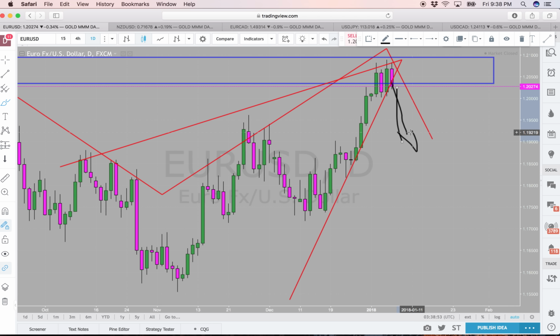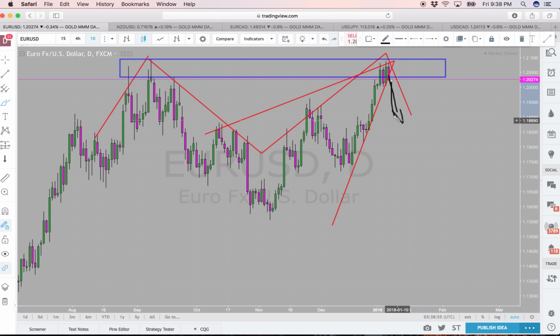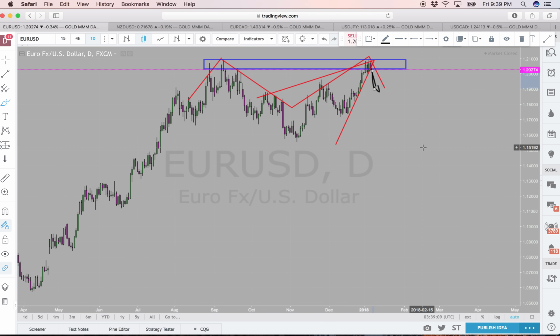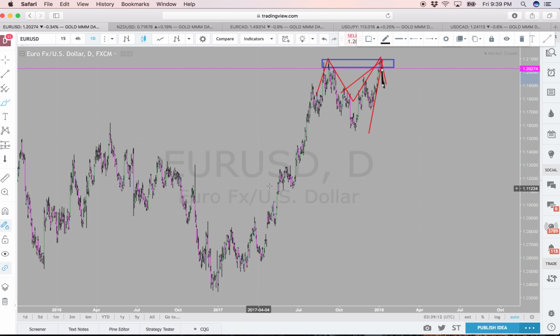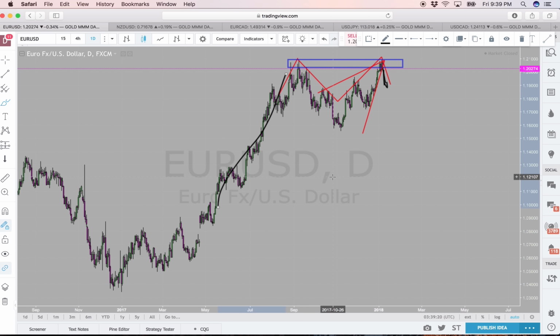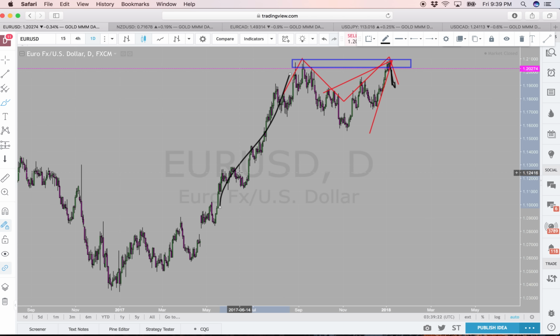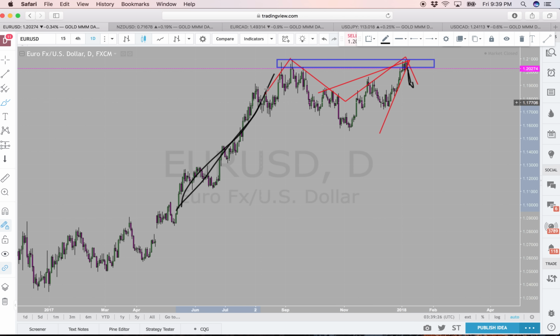1.195, we should have a confirmation that the Euro USD will continue to go down to at least, I would say, 1.175 or even 1.16 or lower, because it's been in quite the uptrend for the past few months, and now we can see, like I've talked about, the sharp uptrend and then that consolidation, yet it's still creating higher highs.